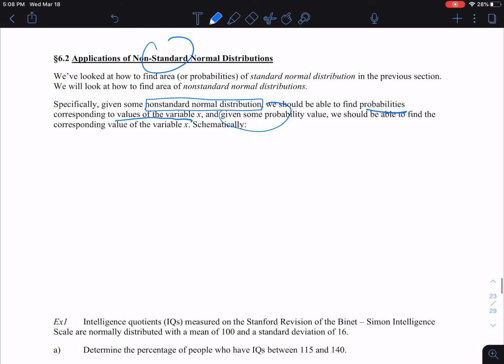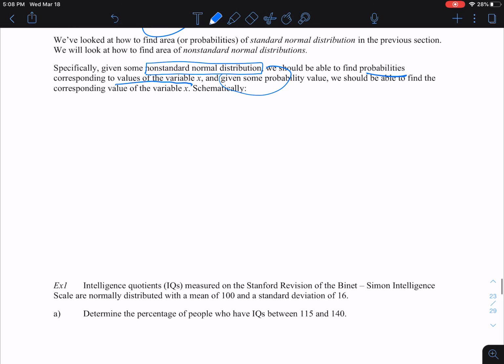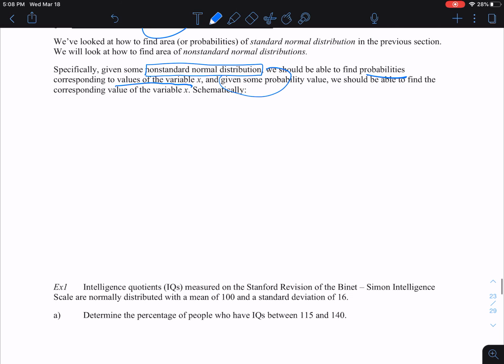So in terms of a picture, this is exactly what is happening in this problem. We're given a normal distribution, and the variable is going to be x, a continuous random variable x.